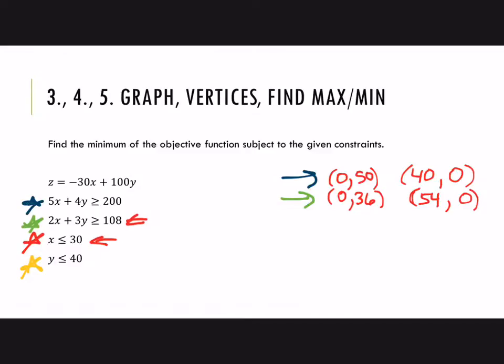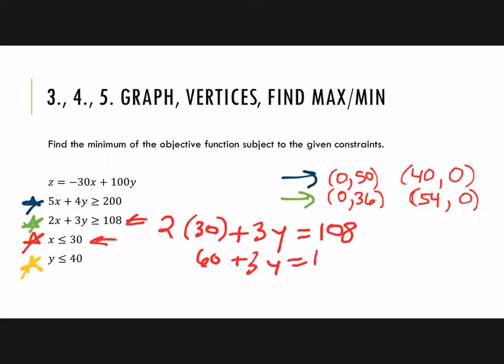I know x is 30. I'm going to substitute that into the first equation and solve for y. So we have 60 plus 3y equals 108. Subtract 60, 3y equals 48. Divide by 3, y equals 16.